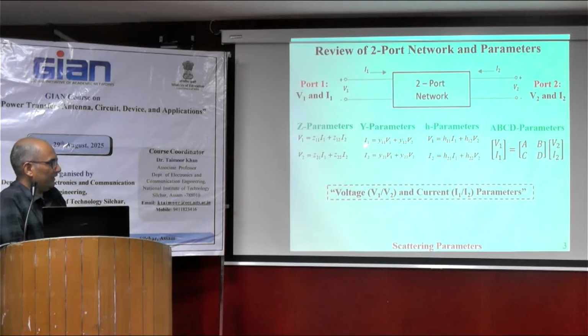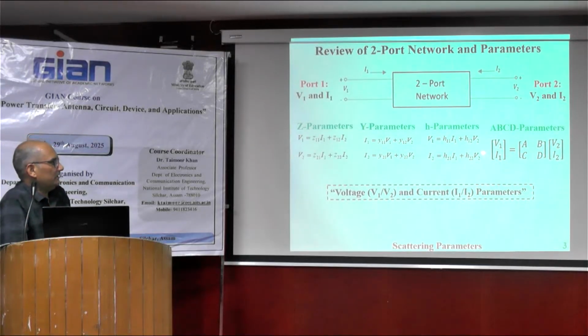Same thing in Y parameters, current I1 is a function of V1, V2, and I2 is a function of V1, V2. In hybrid, one current and one voltage, V1 and I2 in terms of I1 and V2. And ABCD is known as the transmission parameters, also expressing the input port in terms of the other port.